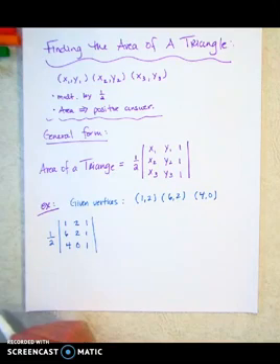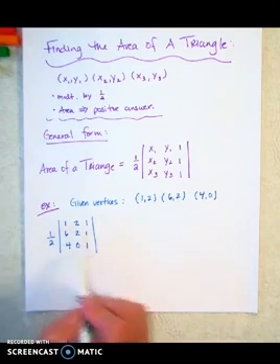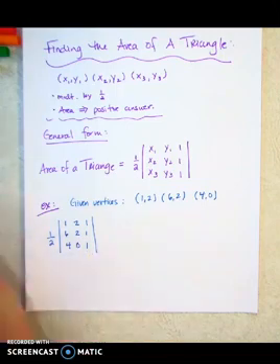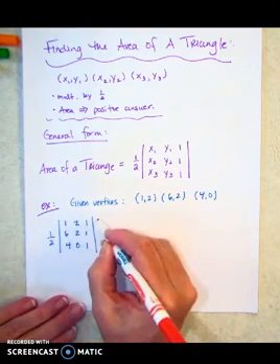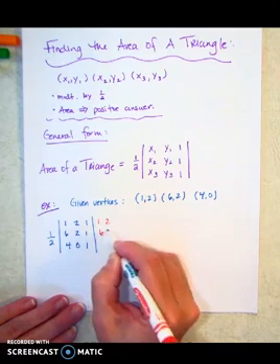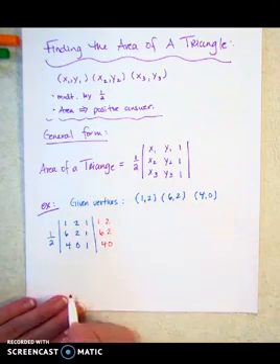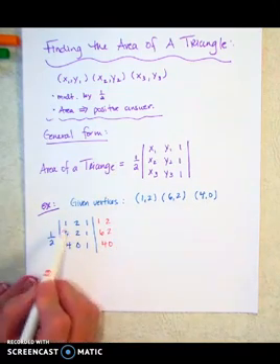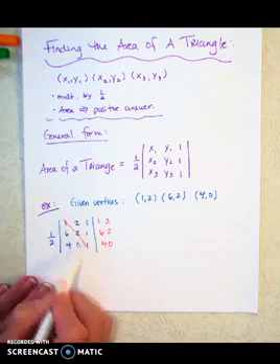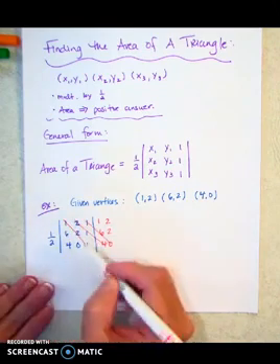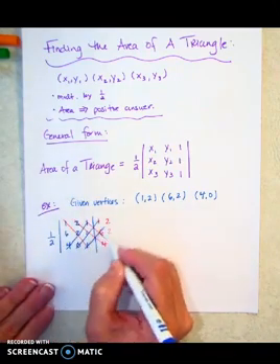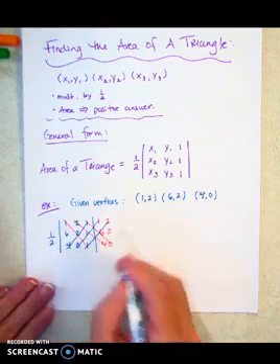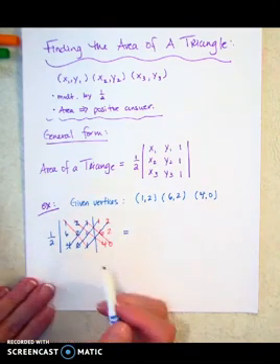Now we have a matrix that we can find the determinant of. And remember, when you're finding the determinant of a 3x3, we have to write those first 2 columns again. Okay, and we're going to go down our diagonals, and then back up the diagonals, and we're going to end by multiplying by 1/2.